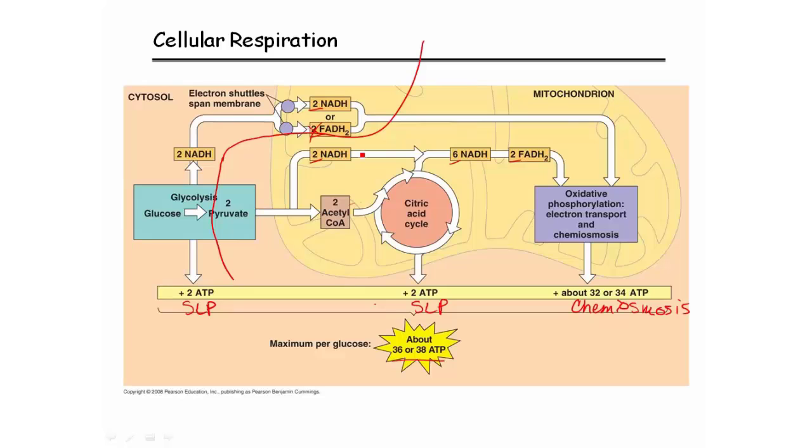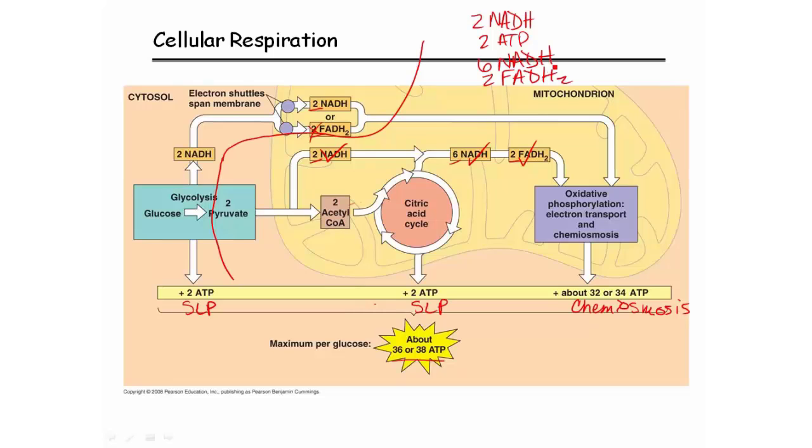We'd take the pyruvates, ship them in. We would get 2 NADHs. We're going to take our 2 acetyl-CoAs that we get, spin them around the cycle twice. We'll get our 2 ATPs. We'll get these 6 NADHs. And we'll also get 2 FADH2s right here.